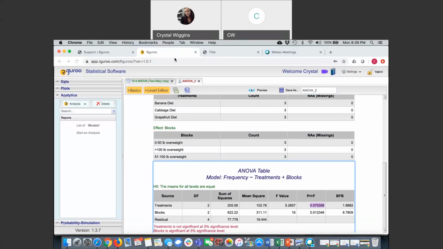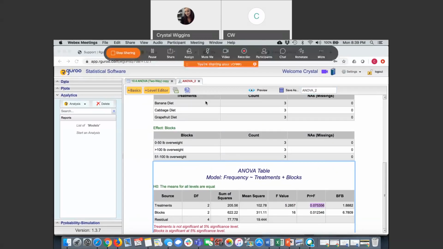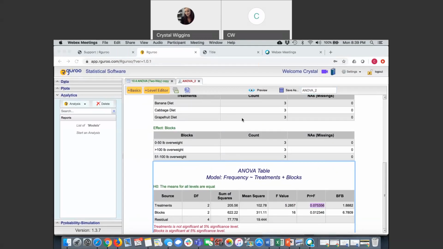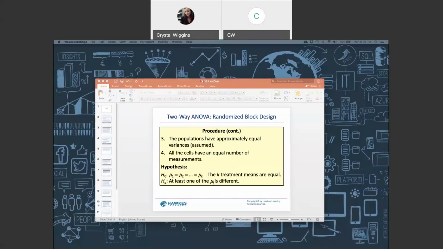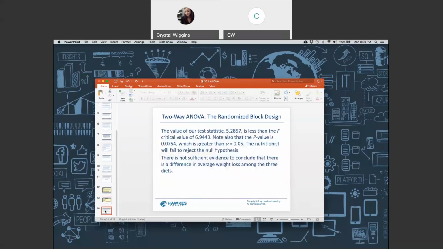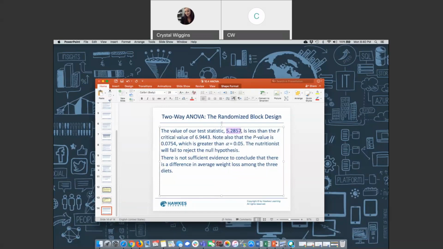So if I go back to the PowerPoint to see this conclusion written out. Okay. Our conclusion is that the test statistic we found was 5.2857. The critical value, if you used a table or a calculator, you would get 6.9.